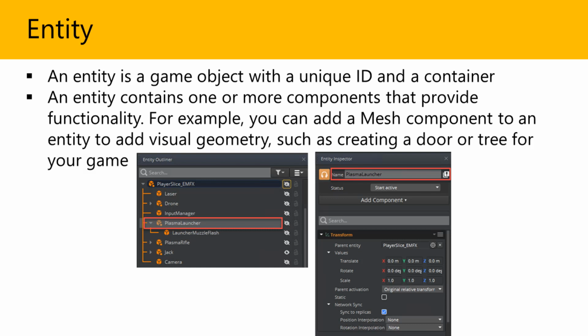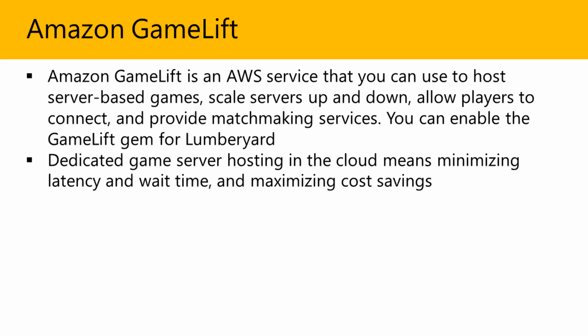So some examples of entities and components, you can see that in the picture itself. So we have the plasma launcher, for example, in the entity outliner, and then the entity inspector has the plasma launcher itself, and then of course the transform properties, whereas the y-axis, the x-axis, and the z-axis.